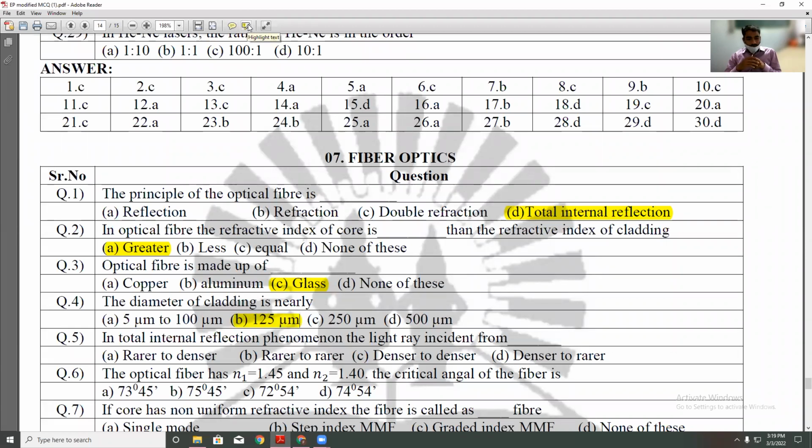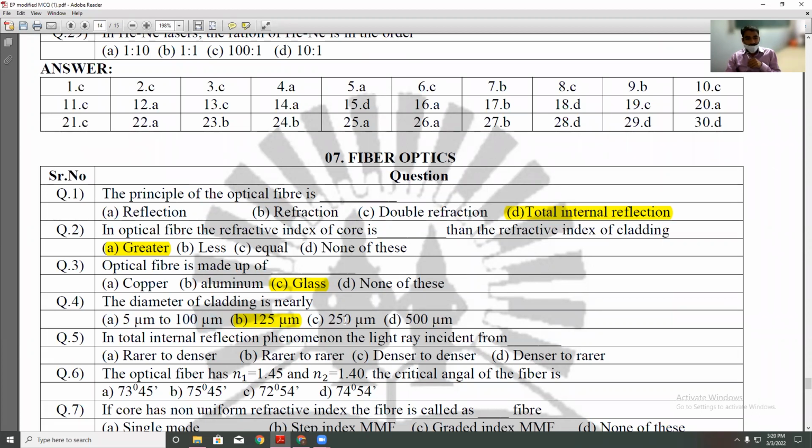What is the diameter of the core region? Core region diameter is 5 micrometer to 100 micrometer. This is the diameter of the core region.